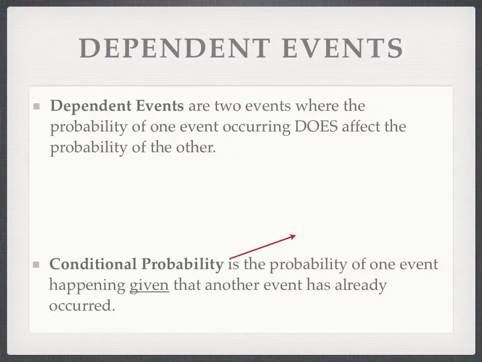The notation for that looks like this. Probability of B given A. So this is the probability that this, whatever B is, will happen given, that's what that line in the middle means, that A has already happened. So what's the probability that this will happen if we already know this has happened? That's called conditional probability.